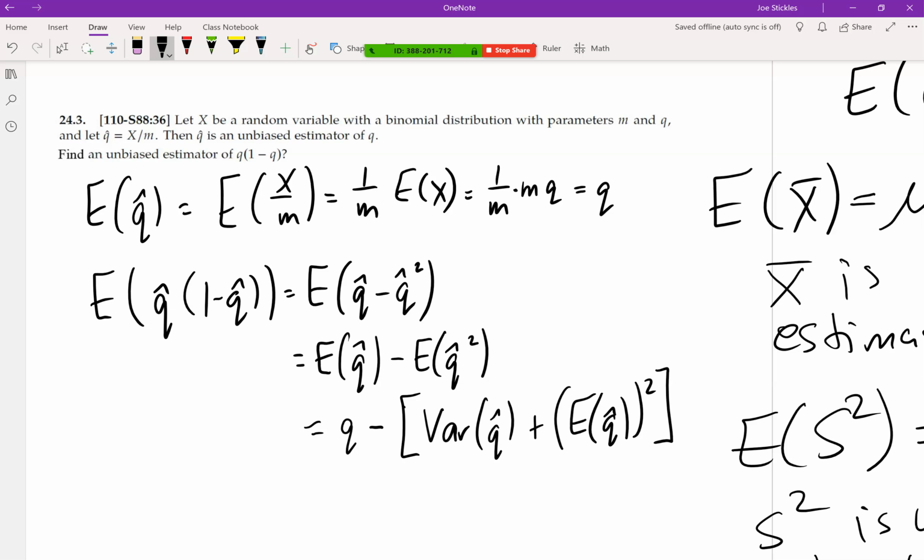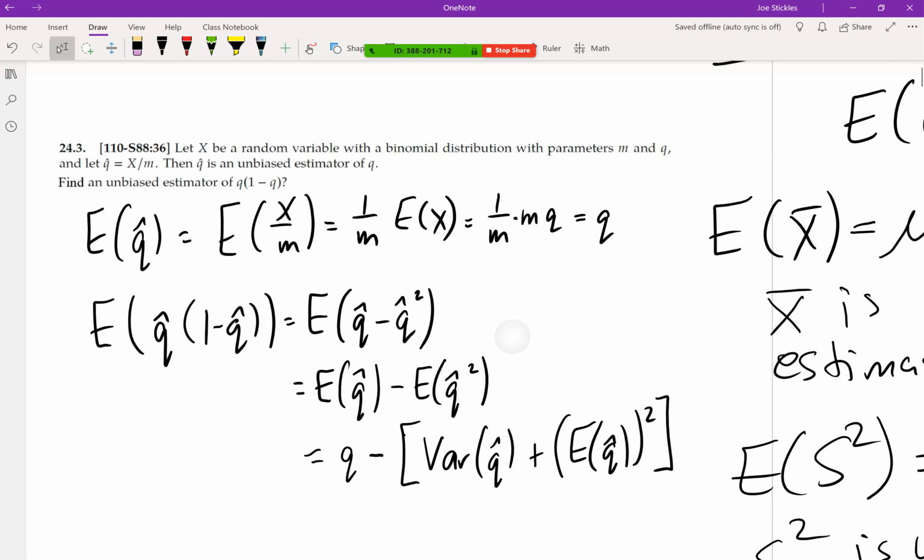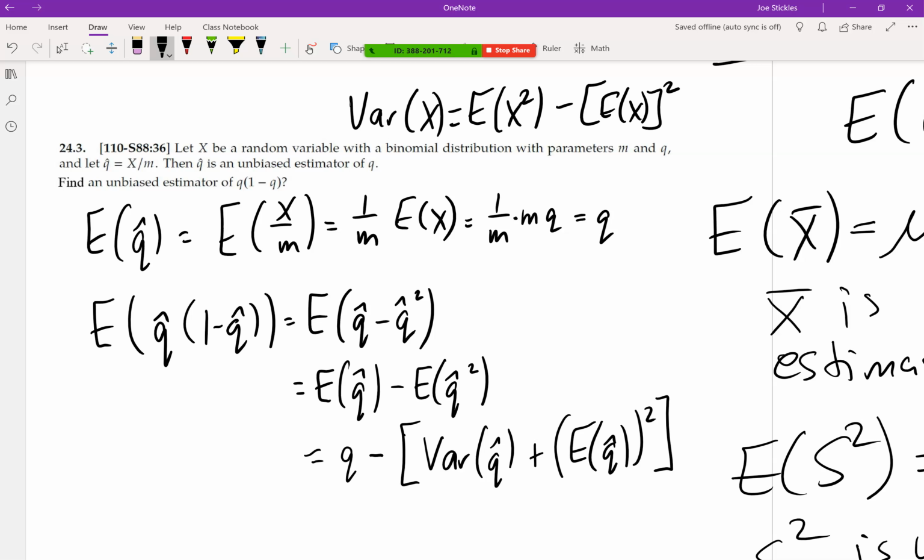Remember that one of the ways to calculate the variance of a variable is the expected value of X squared minus the expected value of X, quantity squared. So all I did here was add over the expected value of X squared to the left-hand side.